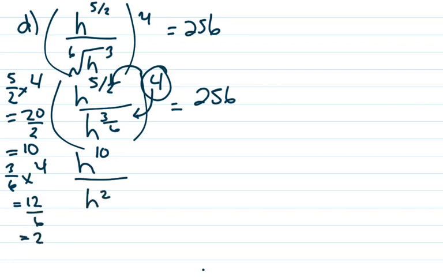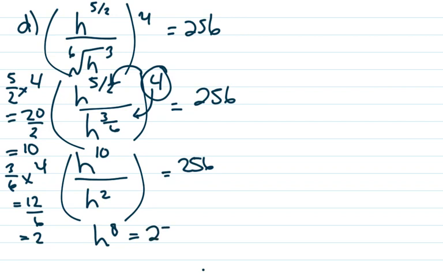So h to the power of 2 equals 256. Now I can subtract the exponents on the h's because of the division rule. So 10 minus 2 is 8. So h to the power of 8 equals 256. I'll take the 8th root of both sides, and I'm left with h equals 2.